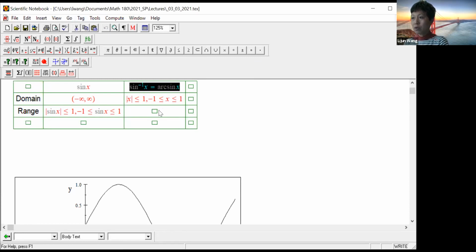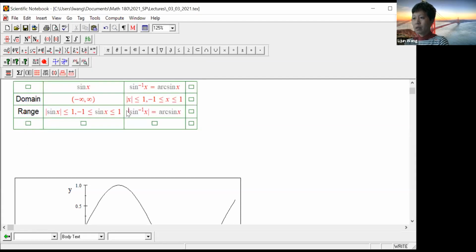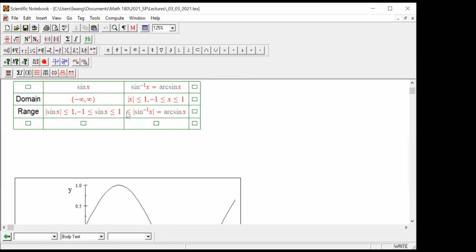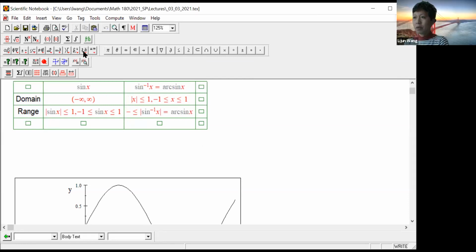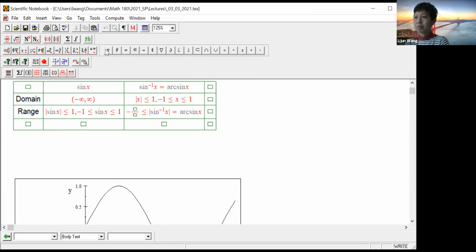The range would be negative pi over 2 less than or equal to the output, less than or equal to pi over 2.